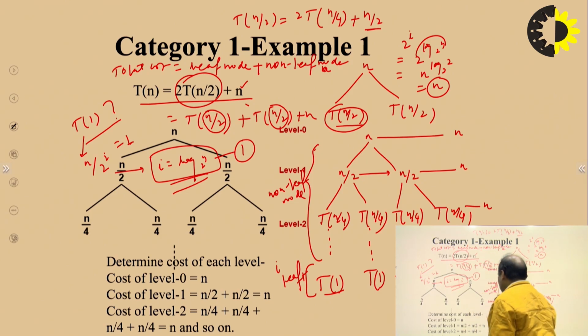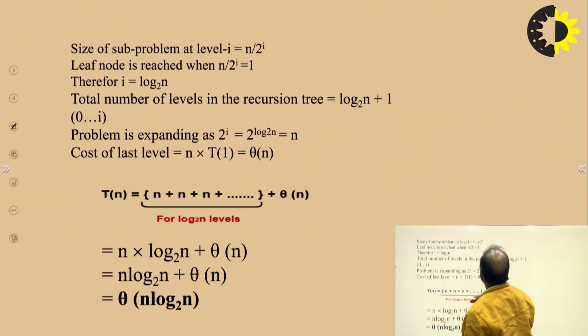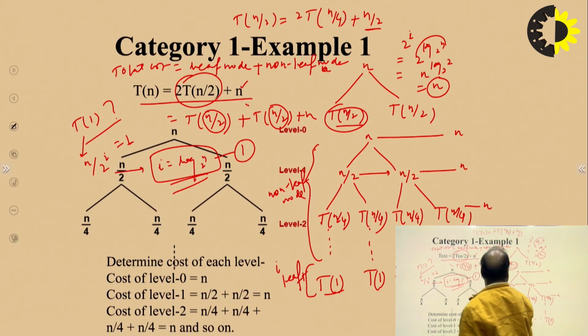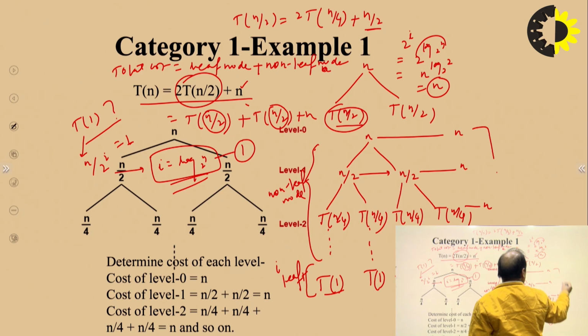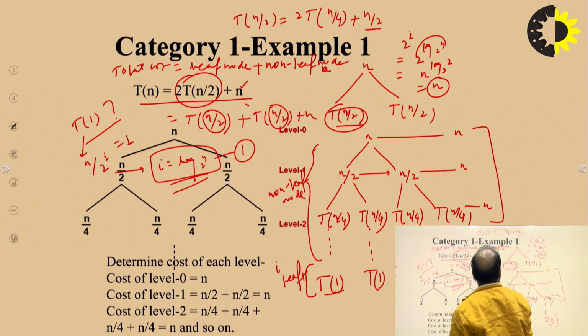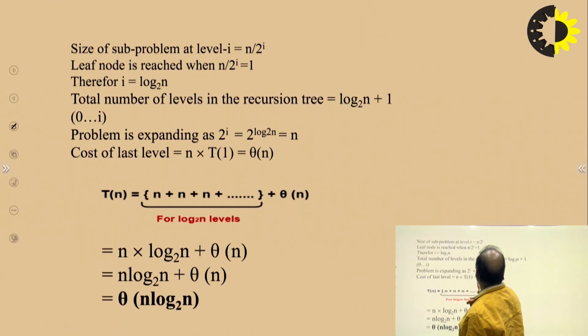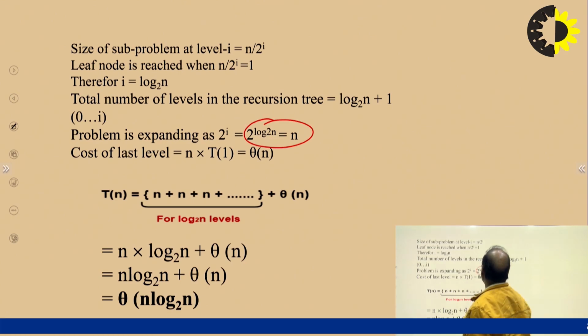So how to compute it? You see here, this is the non-leaf, add them together, non-leaf plus leaf node, okay. So how many non-leaf nodes are here? This is the non-leaf node, and this is the leaf node. They are T(1).